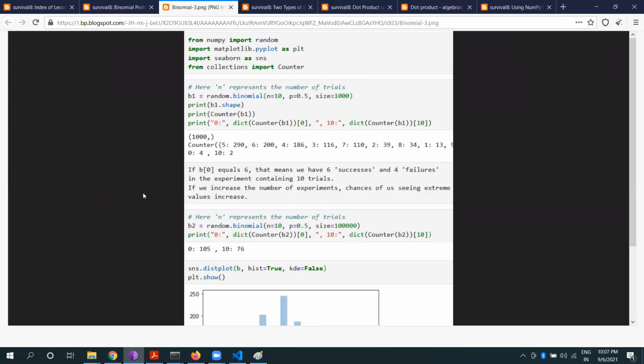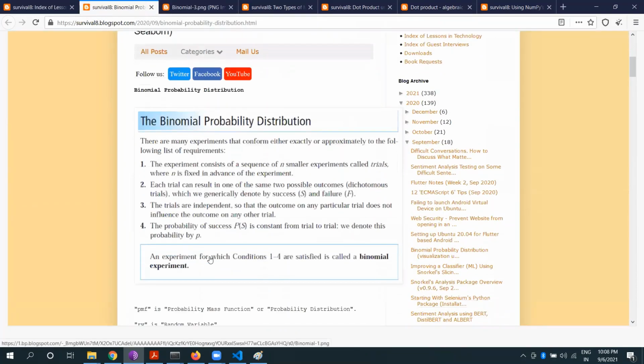You might be thinking, what is the use? Shall I talk about the use case that I have in mind? Flip of a coin. If you are asked to plot the outcome of flip of a coin in zeros and ones for 10 times, how would you do that? Flip of a coin has two outcomes, heads and tails. The probability of success is 0.5.